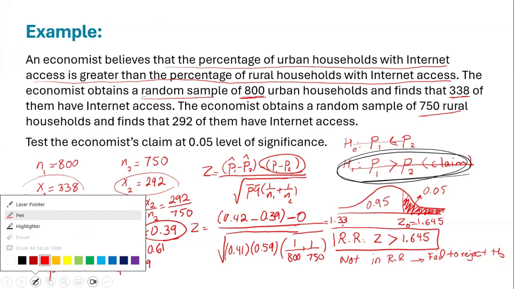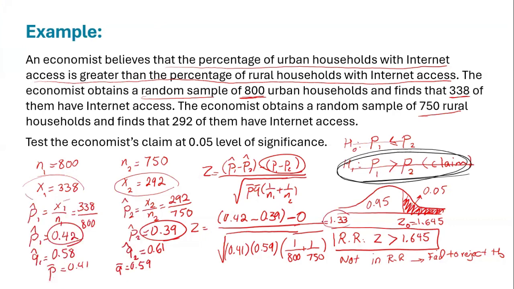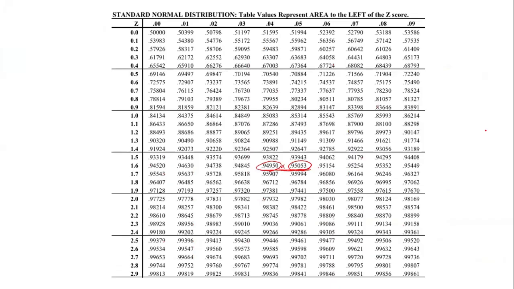After finding the test statistic 1.33, you show 1.33 as a z-value, and the area to the right should be your p-value. That means you look at the z-table and find 1.33.